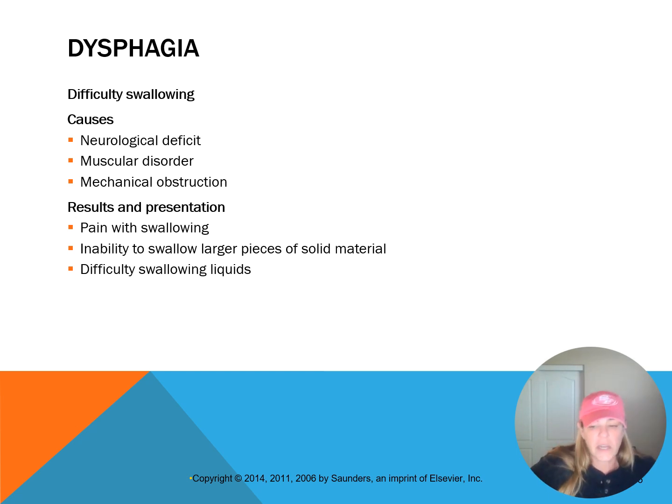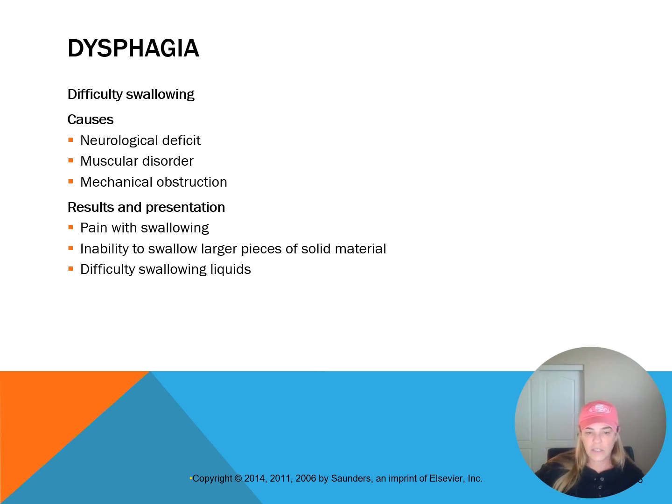Stroke victims can have dysphagia. If you have a generalized muscular disorder of your entire body, you may not be able to swallow very effectively. If you have some kind of mechanical obstruction, like a large tongue, or a cancer blocking your airway or esophagus, you can have dysphagia.